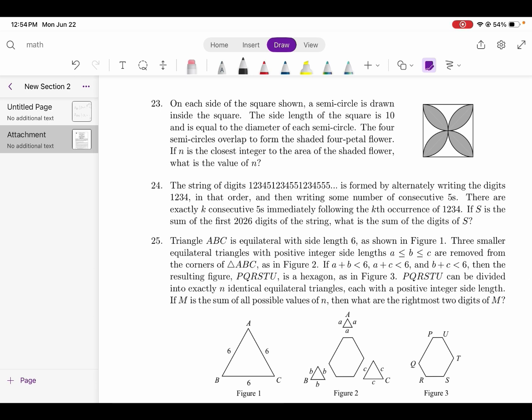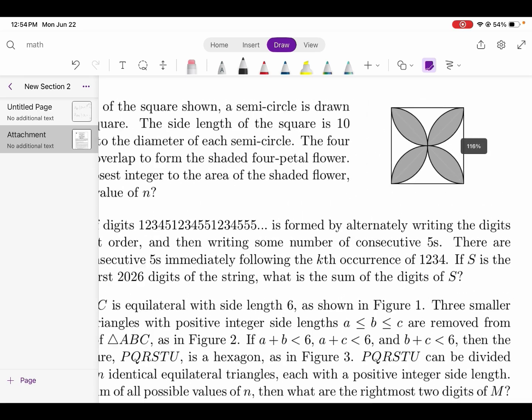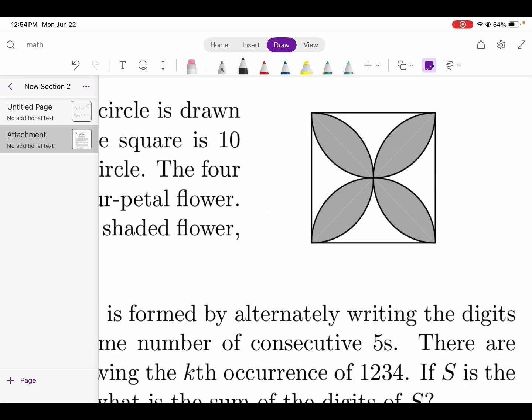Okay. Question 23. I guess basically they already draw these lines in for you, so I'm just going to make them a little bit more obvious. Essentially you're calculating the area of the shaded region, and you have that the side length is 10.